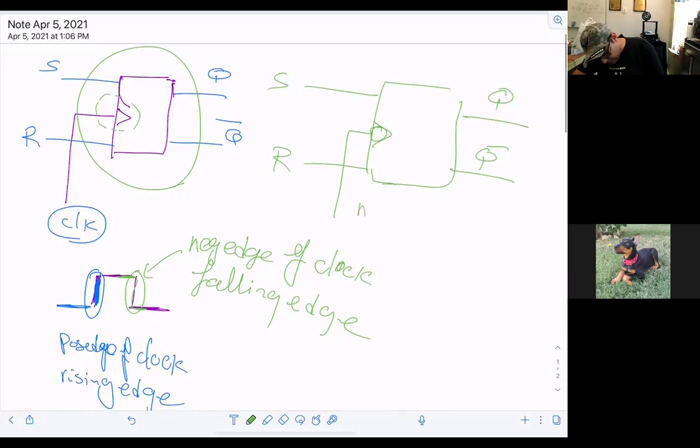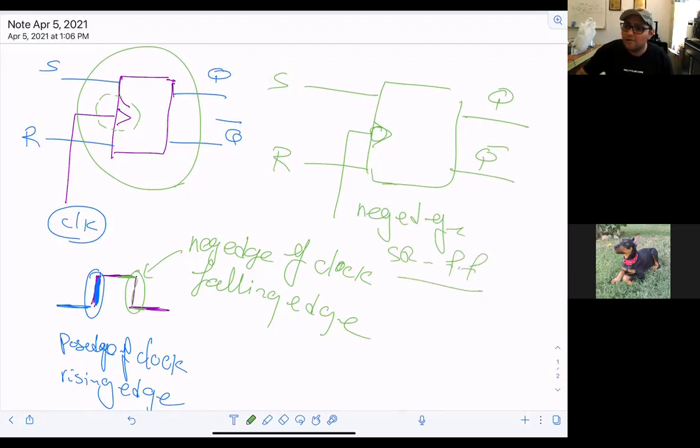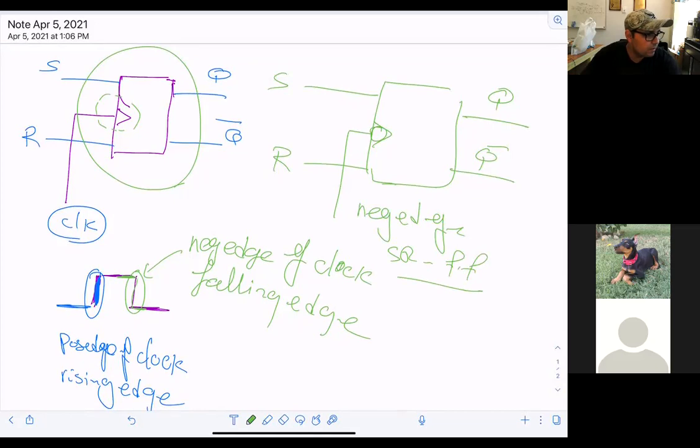So this is actually the negative edge SR flip-flop. Any questions so far regarding this? No. Should we move forward?